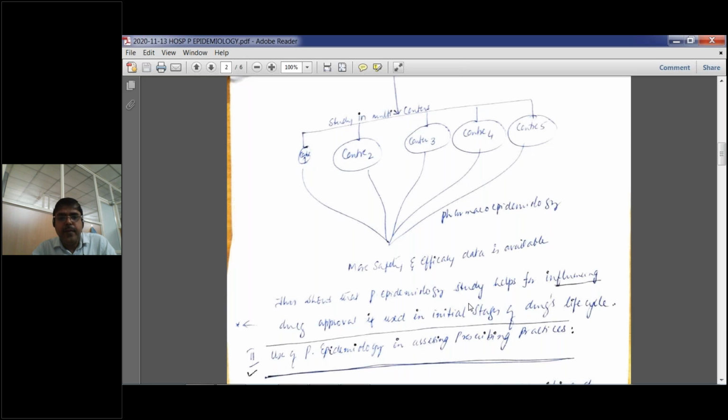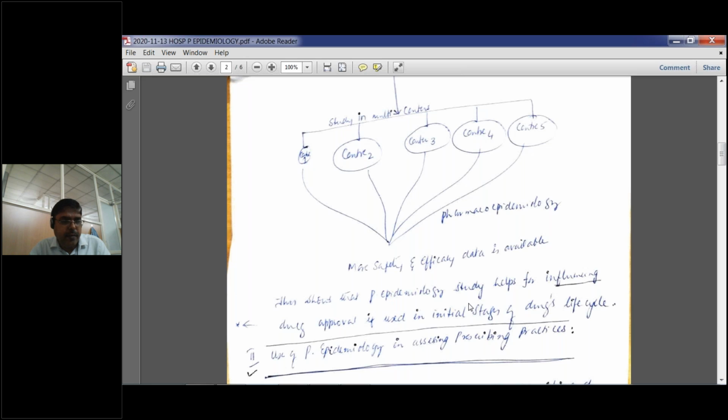Okay, so please remember that pharmacoepidemiological studies are not used for the pre-approval process, but for the final approval process, because when the drug is subjected to clinical trials, we are very clear that it undergoes phase 1, phase 2, phase 3, and phase 4. Still the drug is not finally approved. Remember that.